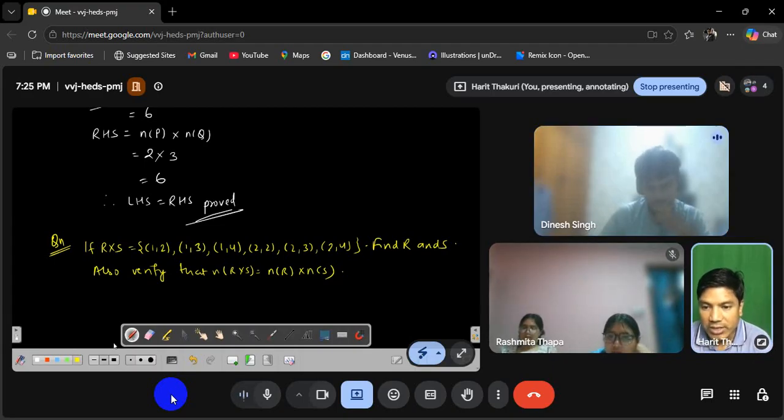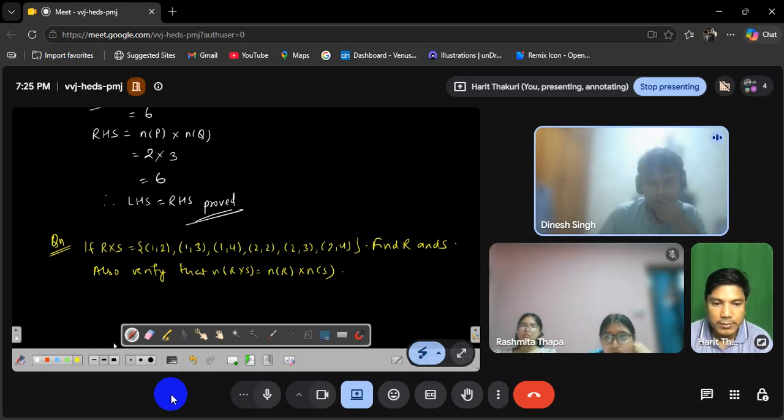Okay. What is the value of n(R cross S)? n(R cross S) is 6. n(R) is 2. n(S) is 3. Now n(R) times n(S) will be 6. 6 equals 6, that will be proved.